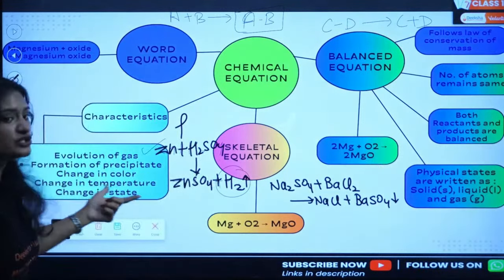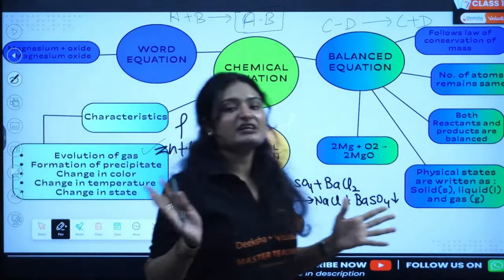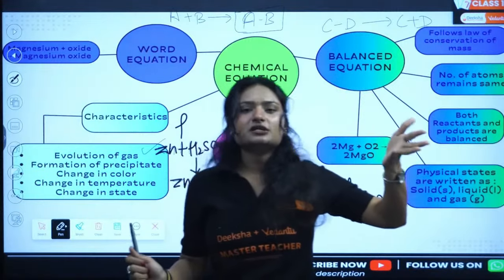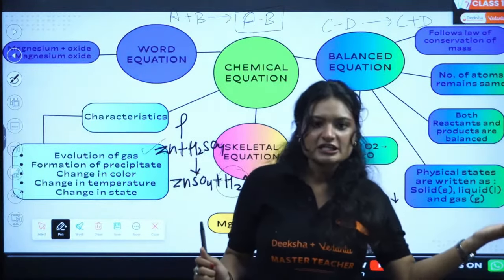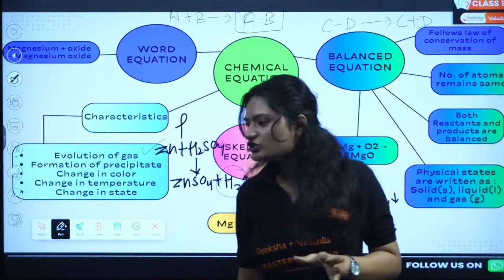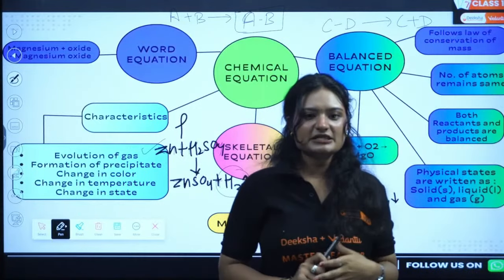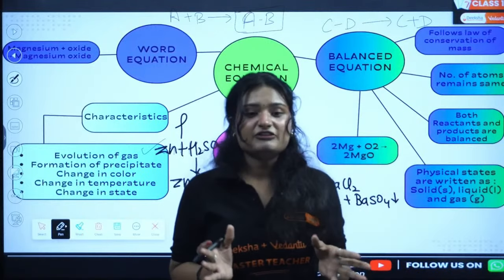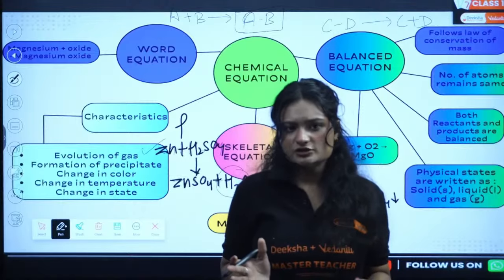Next one is change in color. Whenever you observe any change in color, for example, when copper sulfate reacts with iron, what is the color change? Write down the color change, please. Copper sulfate is blue in color, right?